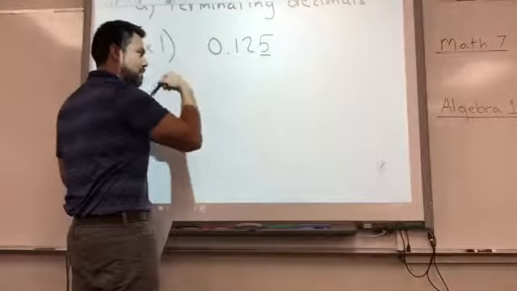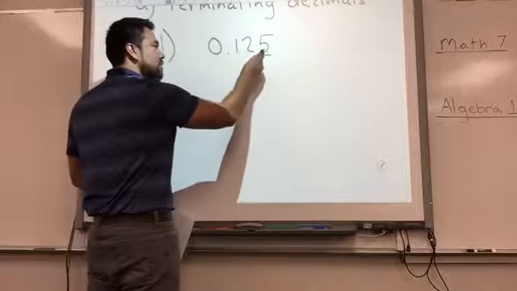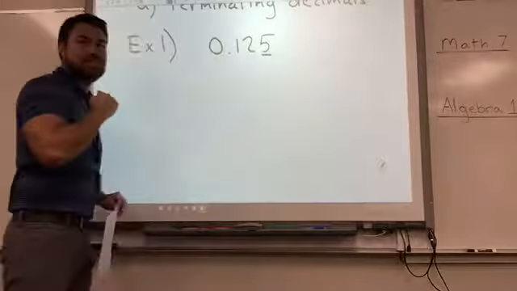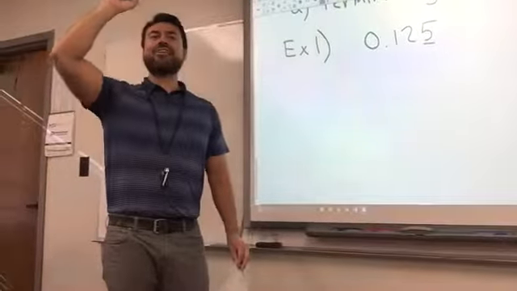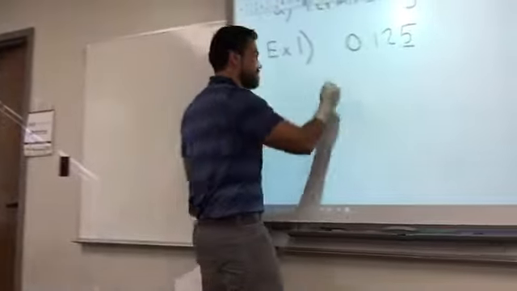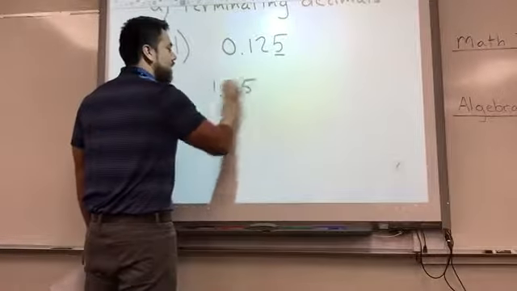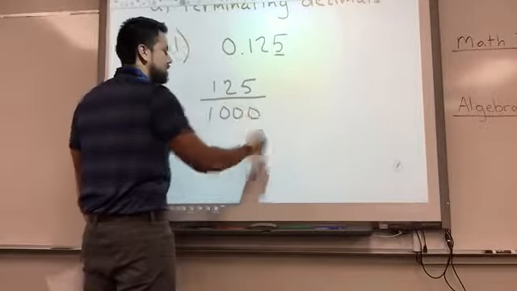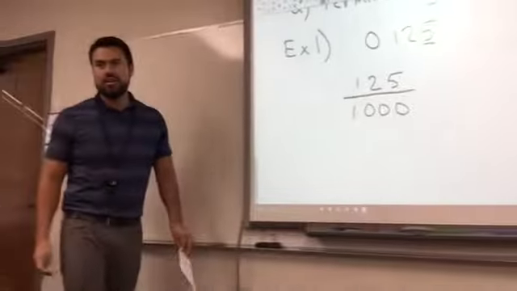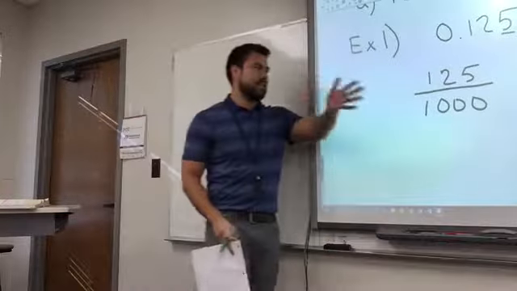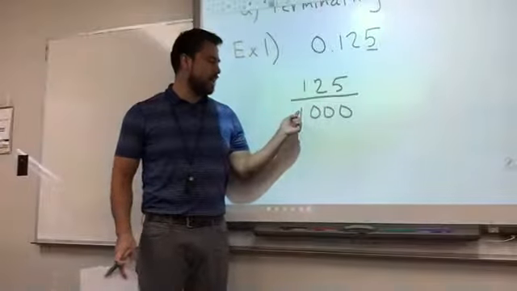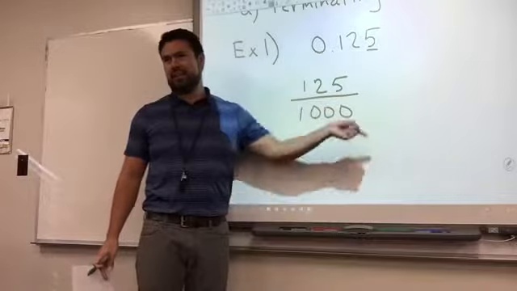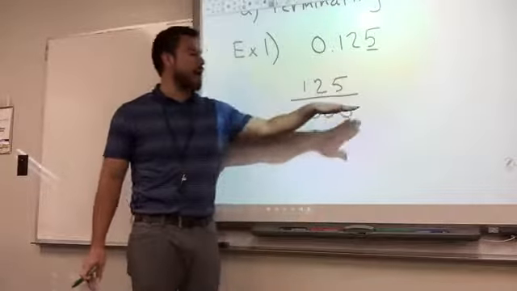I'll read it once by myself. 125 thousandths. All right, ready, set, go. 125 thousandths. Isn't that the fraction? So, yes, a terminating decimal can have a denominator of 10, 100, 1,000, 10,000, any power of 10, by the way.